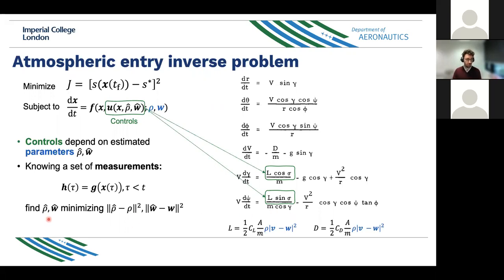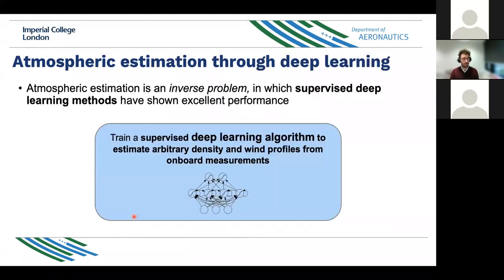So essentially, we want to find the estimated density and winds that minimize the deviations from the actual density and winds that would be encountered.